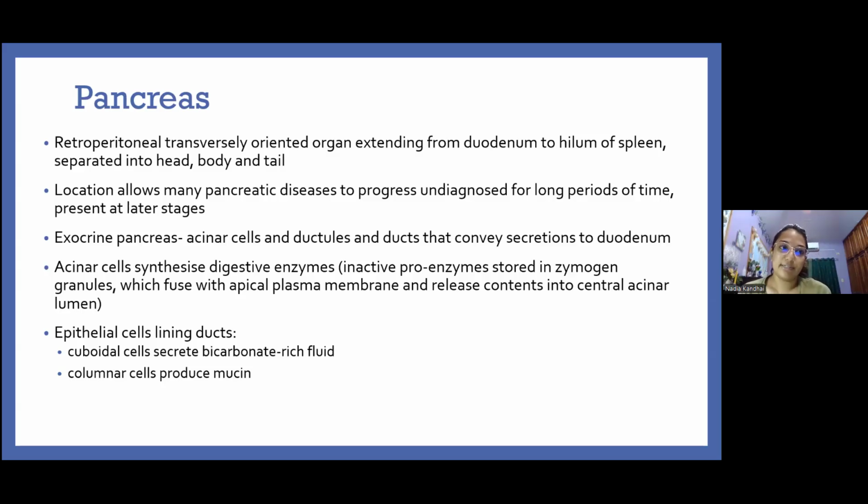The acinar cells synthesize digestive enzymes, which are inactive proenzymes stored in the zymogen granules, and then these fuse with the apical plasma membrane to then release their contents into the lumen, the central acinar lumen. The epithelial cells lining the ducts are cuboidal cells, which secrete bicarbonate-rich fluid, and columnar cells, which produce mucin.